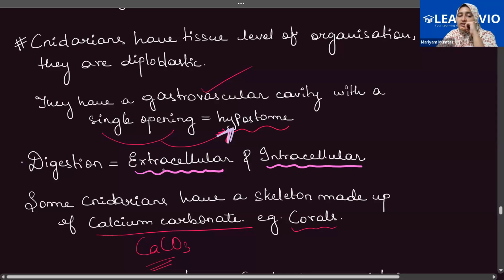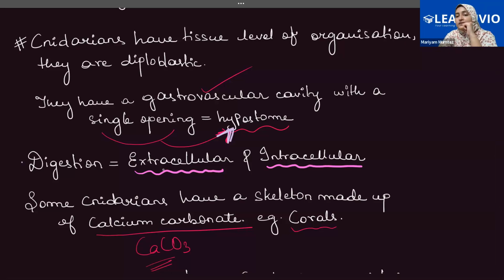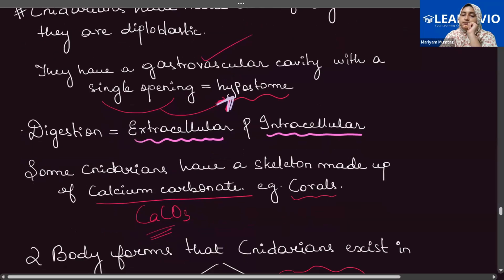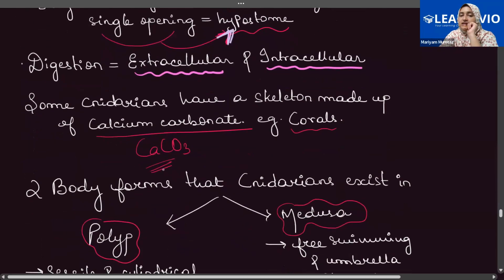Now, in them, the digestion can be extracellular and intracellular. So both kinds of digestion are there. Meaning, out of the cell, the digestion, because they have a cavity now. So the food can be digested in the cavity also, and it can be digested within the cell also. Now, some cnidarians have a skeleton made up of calcium carbonate.